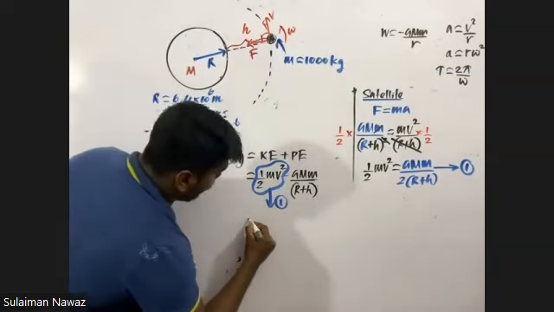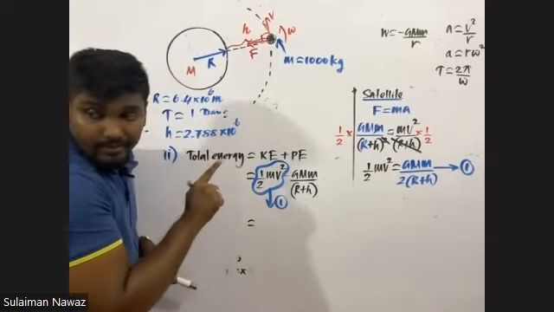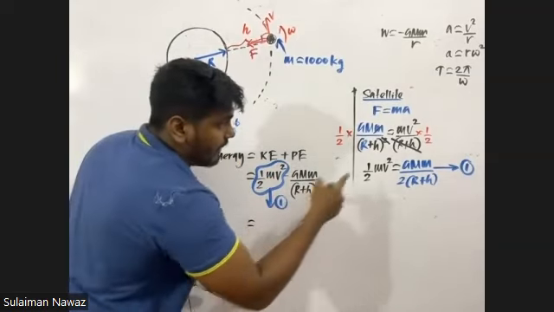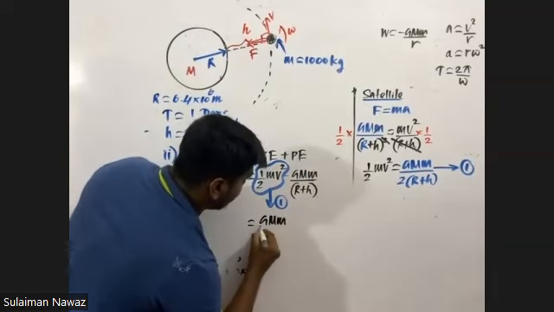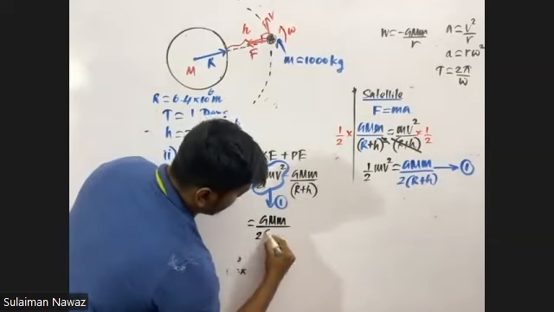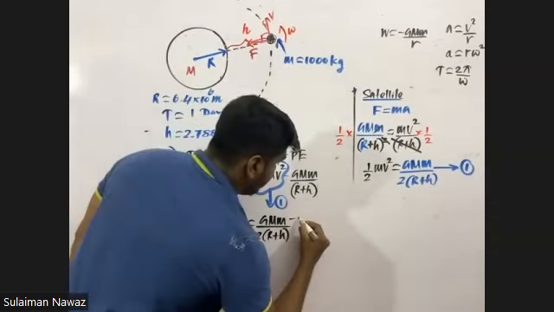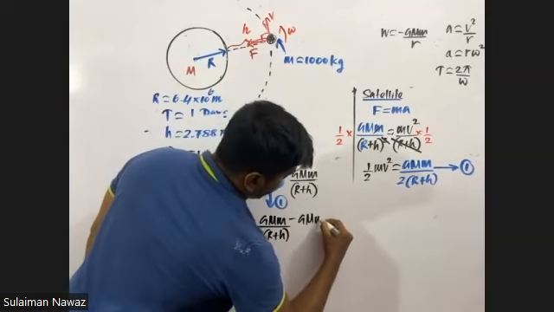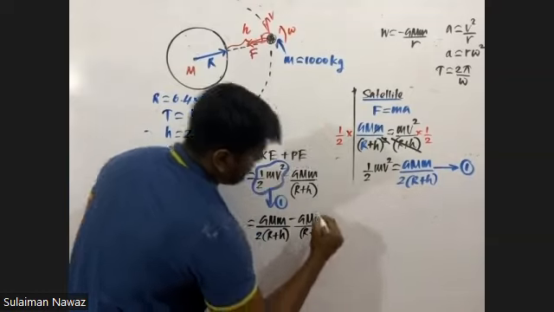Now we can write down total energy. I gave a separate note for total energy as well, if you can remember. Half mv squared, that is G capital M small m over 2 times R plus small h, minus G capital M small m over R plus small h.